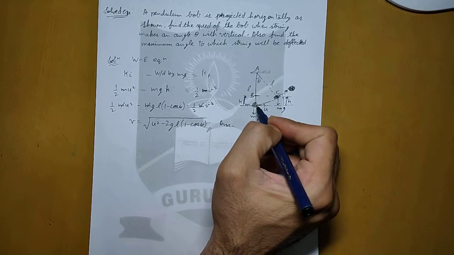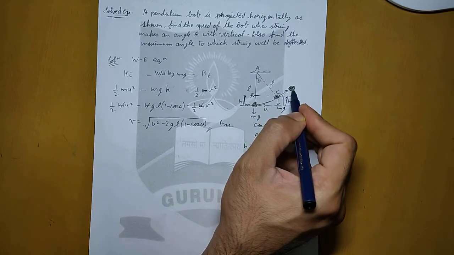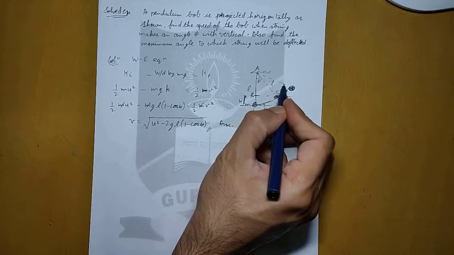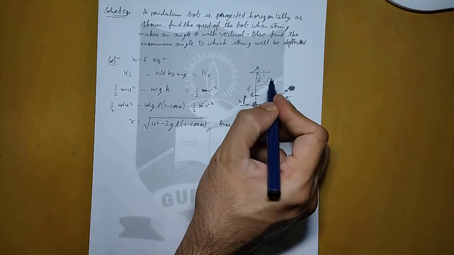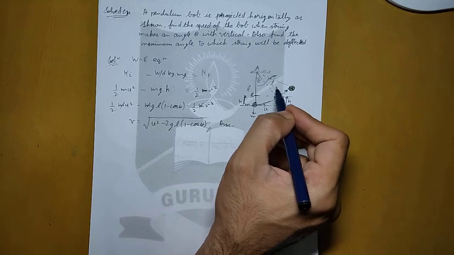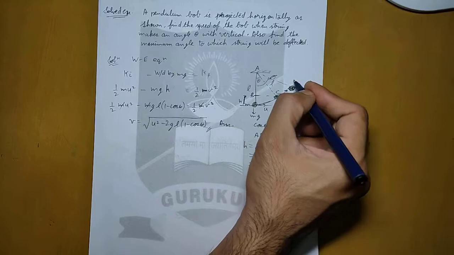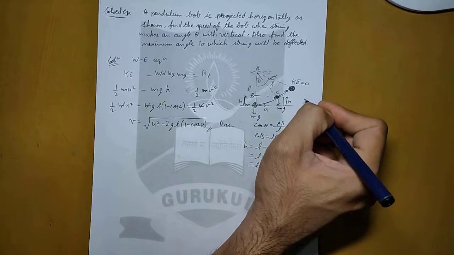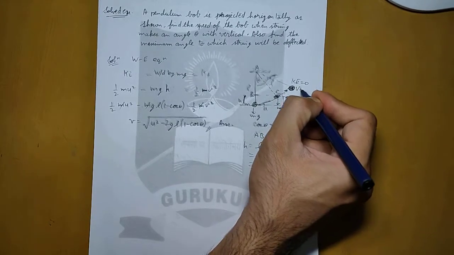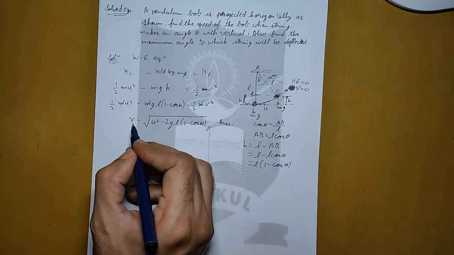So from this point to this point the kinetic energy of the bob has changed to potential energy, and it will make some angle, let us say phi. This is the maximum angle to which the bob will go, and at this point the kinetic energy will be 0. So the velocity of the bob will be 0. So this v that we calculated will be equal to 0.